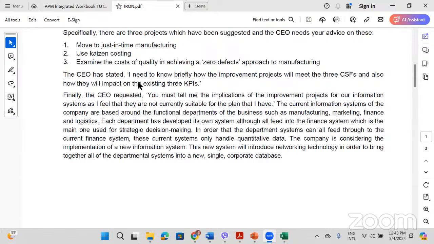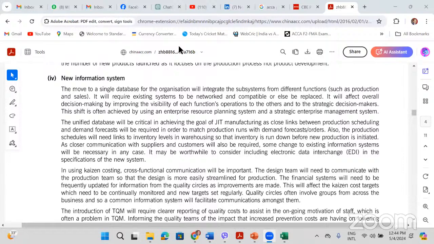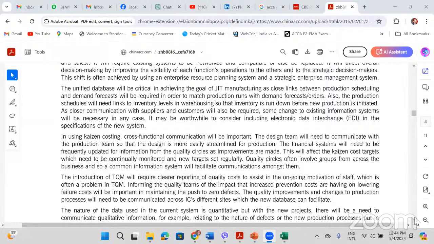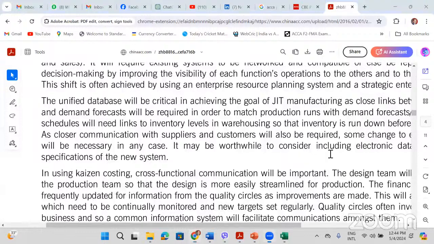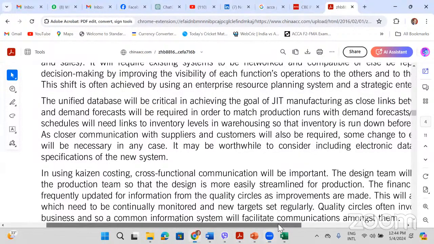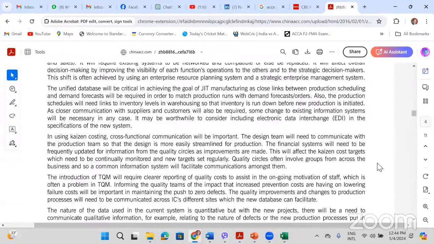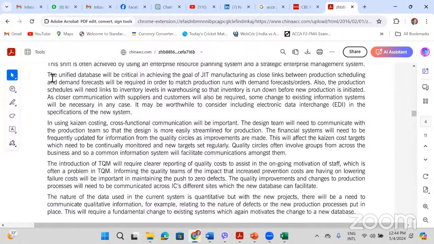Look at the structuring of this answer. Yeah, read this paragraph first.